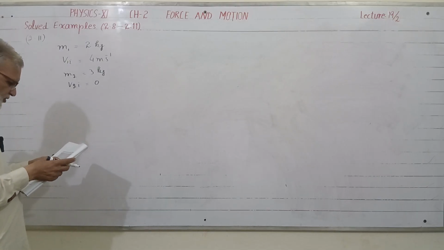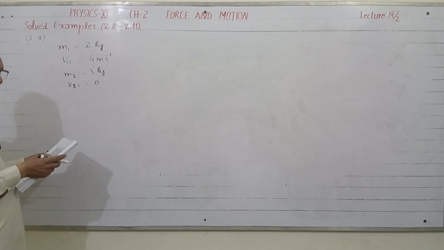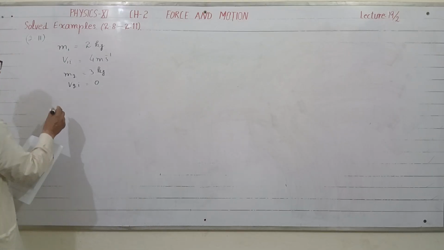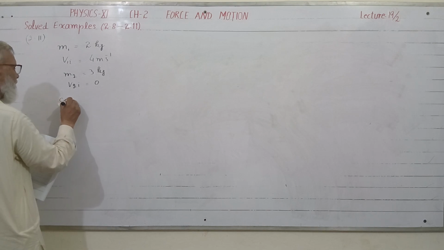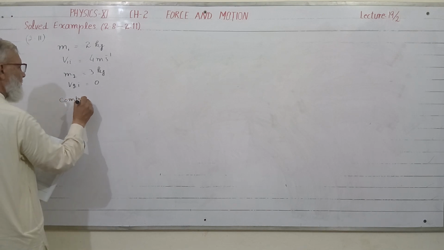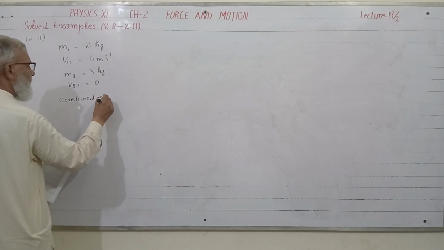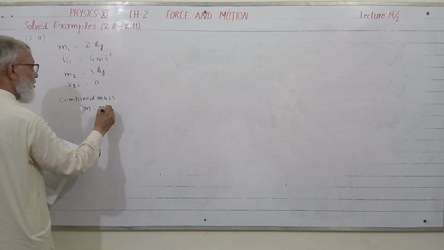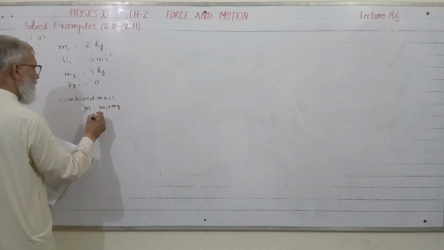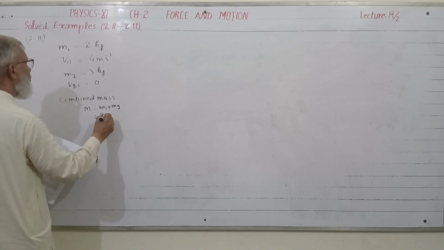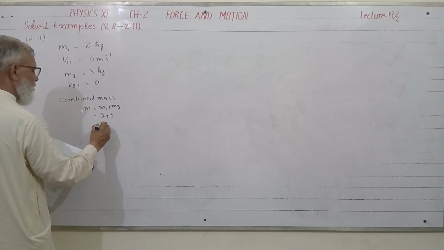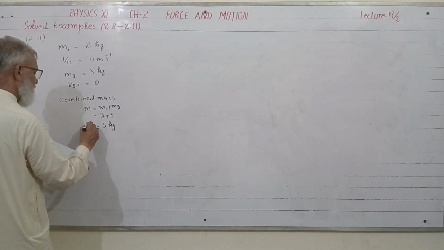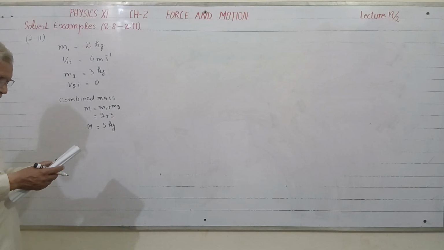After collision the two masses stick together and become one body, and their combined mass will be m1 plus m2, 2 plus 3, 5 kg. This is the combined mass.